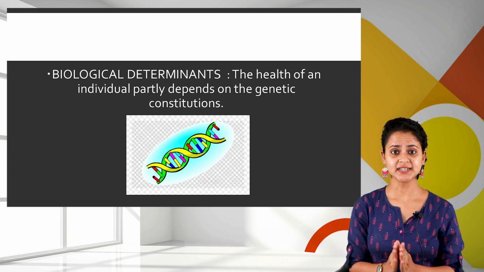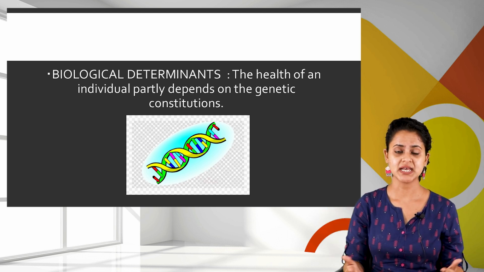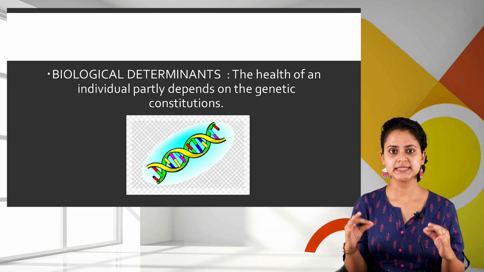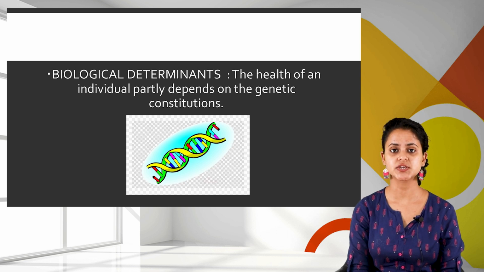Now, if this genetic constitution is altered, it can cause the development of many diseases, which include chromosomal anomalies, inborn errors of metabolism, mental disorders, even some types of diabetes and other diseases too.